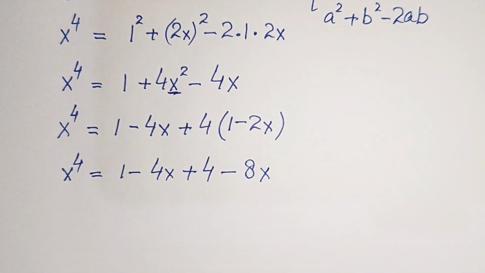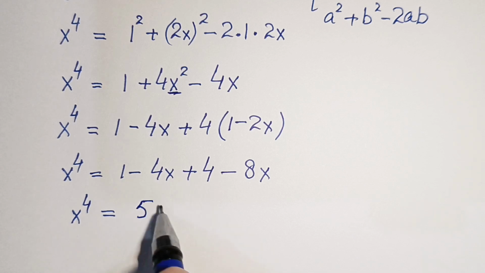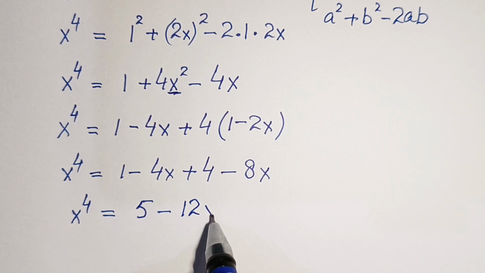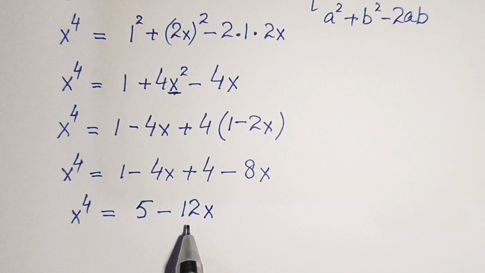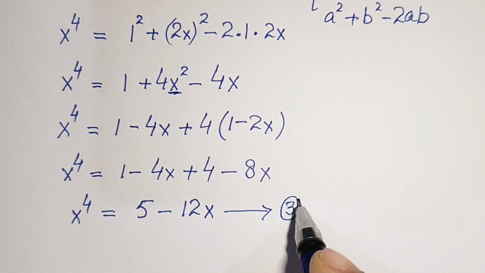So here 1 plus 4 is 5 and minus 4x minus 8x, we will get minus 12x. So here x to the power 4 is equal to 5 minus 12x. Let's say it is our equation number 3.